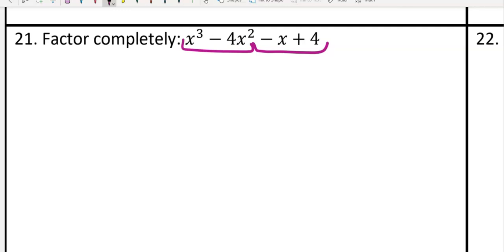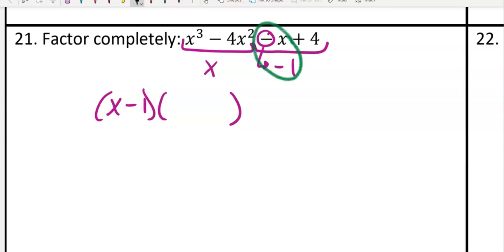So x cubed minus x squared leaves us with x. So we're taking out a 1x. From the second section, we have a negative here, so we need to take out that negative. Now x and 4 have nothing in common, so we take out a 1. So our first set of parentheses will be x minus 1, and our second set will be what we're left with when we factor out whatever we decided to factor out.